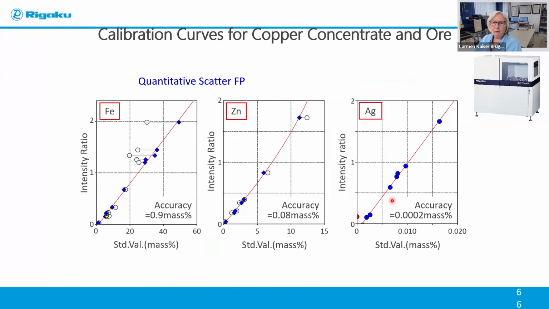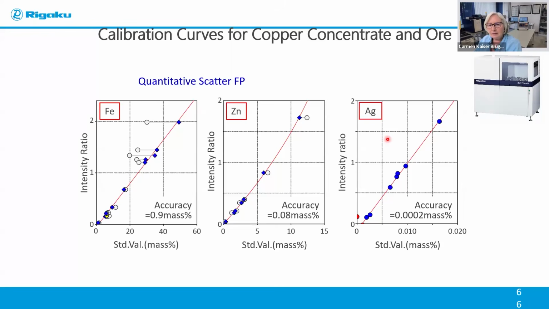Of course, in the copper concentrates and ore, we also have different elements. So here's some examples of additional elements. So iron and zinc and silver, also using the Quant Scatter FP correction. So you can see a good correlation and accuracy for even the other elements.